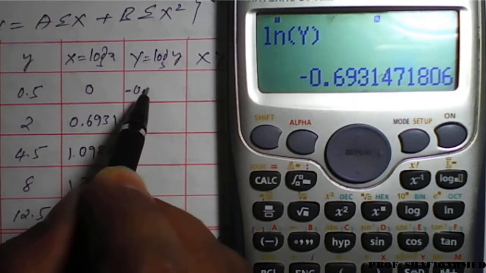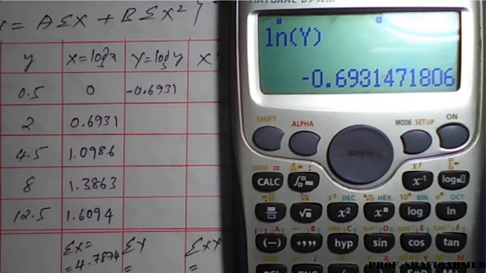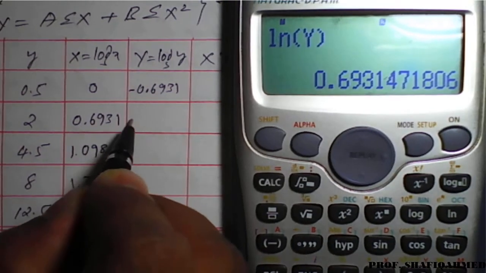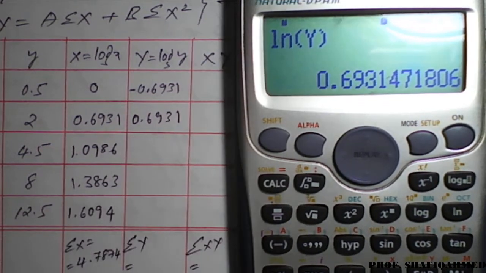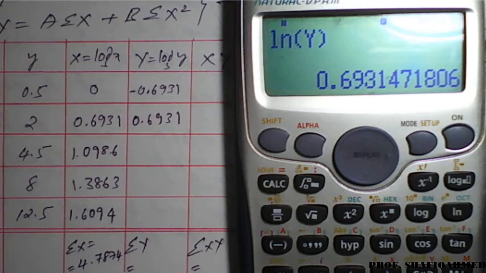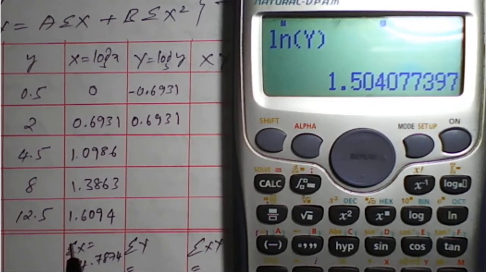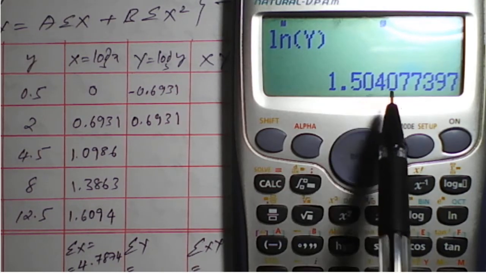Next, when x is 2, y is 2, so it will be plus 0.6931. Fine. It is 1.5041.